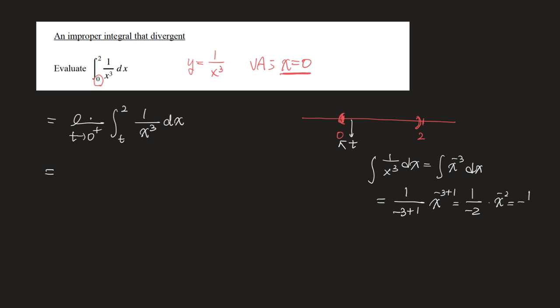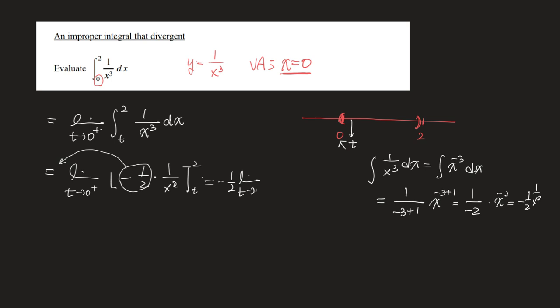We write it as negative 1 over 2 times 1 over x squared. So I'm going to put here the limit as t approaches 0 positive of negative 1 over 2 times 1 over x squared, from t to 2. Okay, now plug in here. I'm going to take the negative 1 over 2 out, guys.